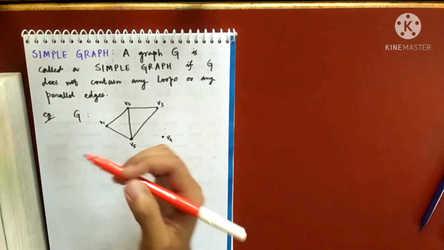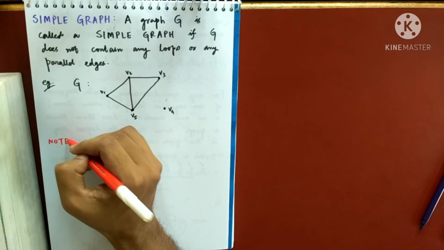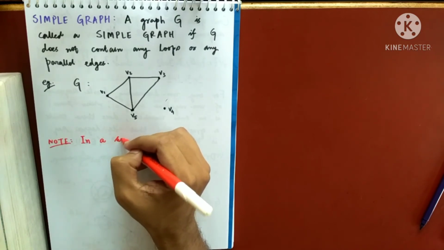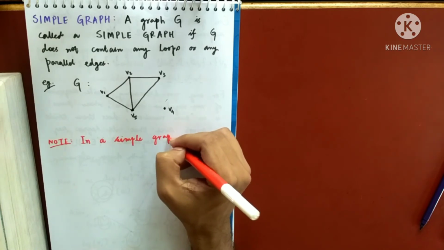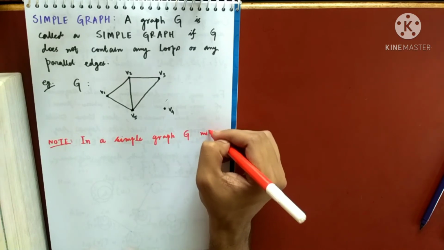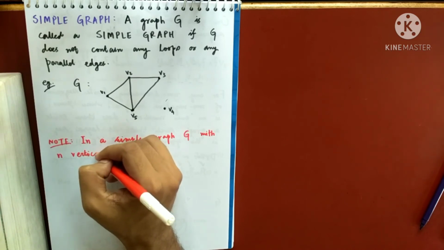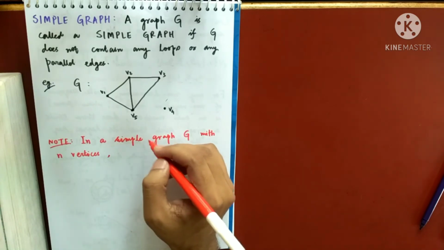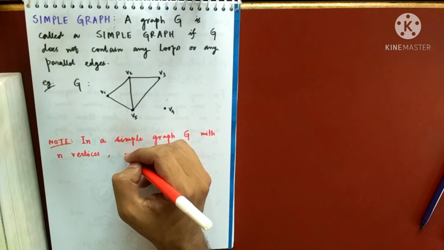Now, let me ask you a simple question. In a simple graph G with n vertices, I can give you the bound for the degree of any vertex.